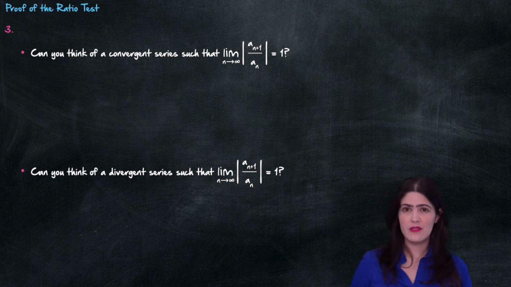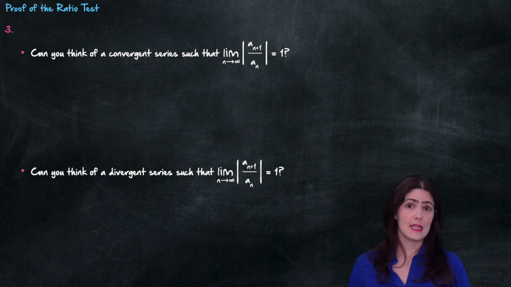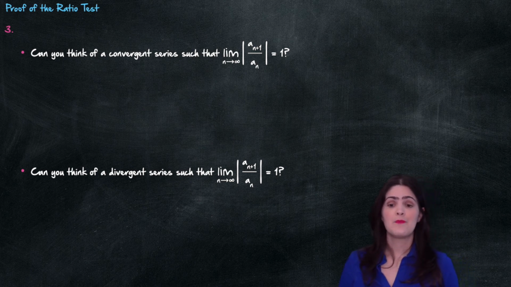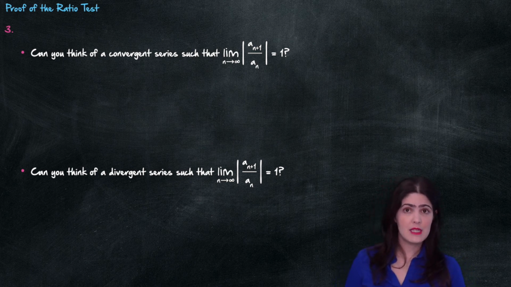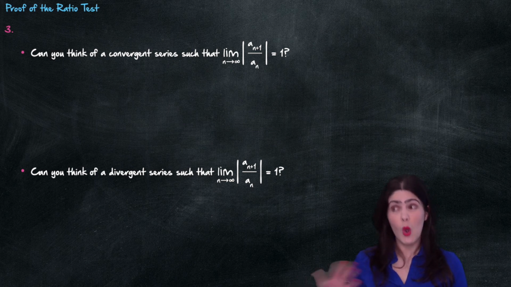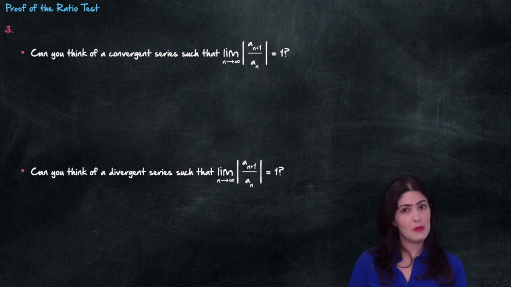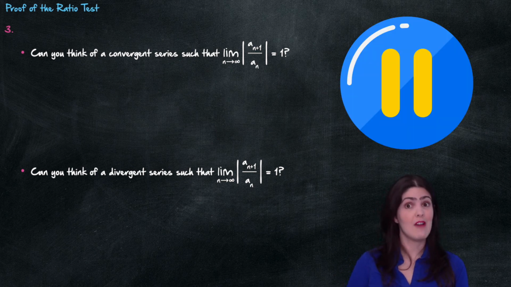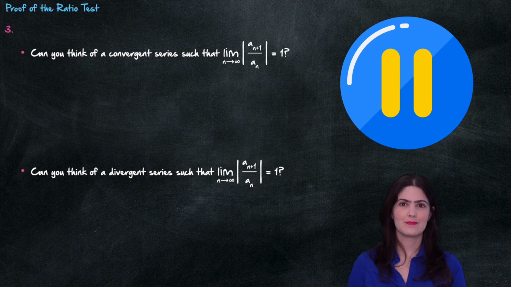I invite you to pause the video and try to find examples of these two cases. Just think of the typical examples that we've used over and over again, and I'm confident you will be able to find them. So please pause the video, and when you have the two examples, come back.